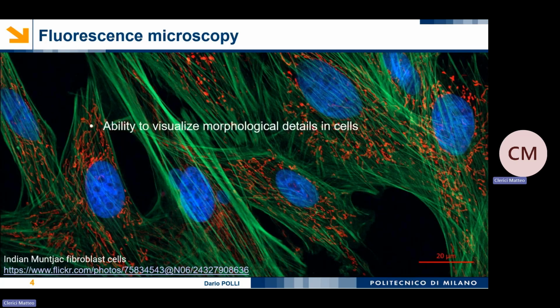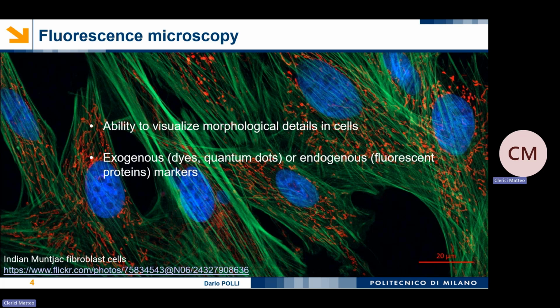But so fluorescence, either in the standard one photon or, as we heard previously with Gilberto, with two photon fluorescence, you can visualize morphological details in many samples, like in cells and tissues. Typically, fluorescence employs either exogenous or endogenous markers, and it can be employed with a very high speed, high sensitivity, down to the single molecule level.